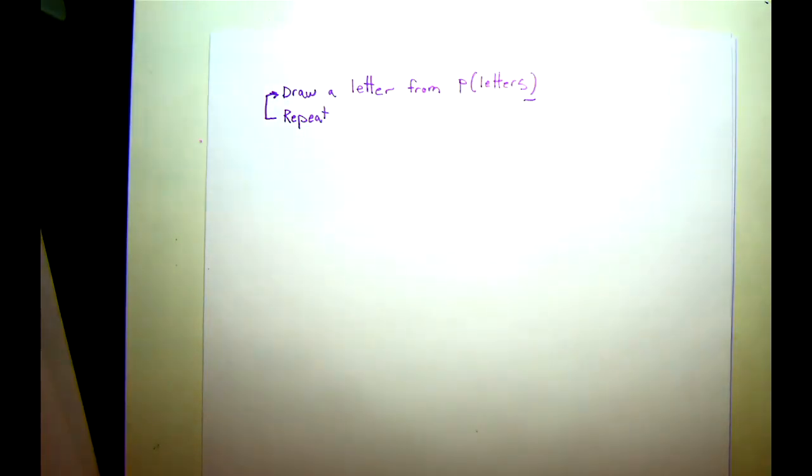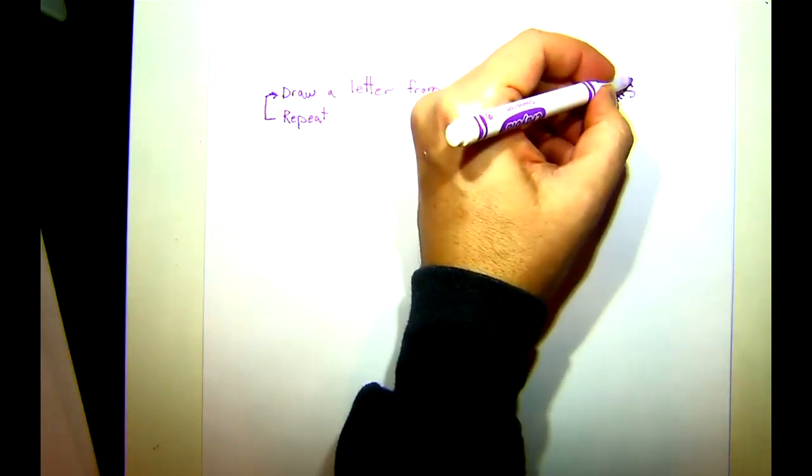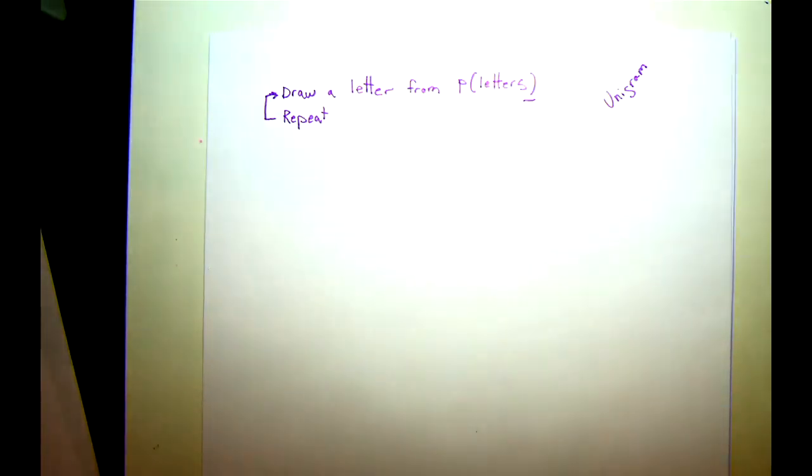When we're not conditioned on anything, we call it a unigram model. It's still a Markov chain because you could finagle the math so that it is conditioned on the past thing, but it doesn't matter what that past thing was. So you can still represent this as a Markov chain.